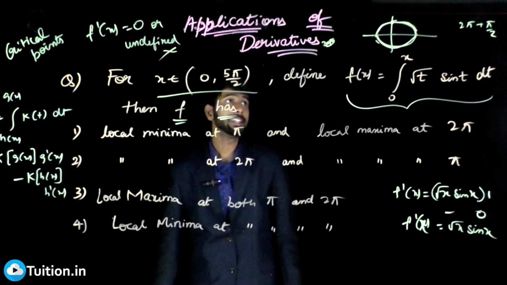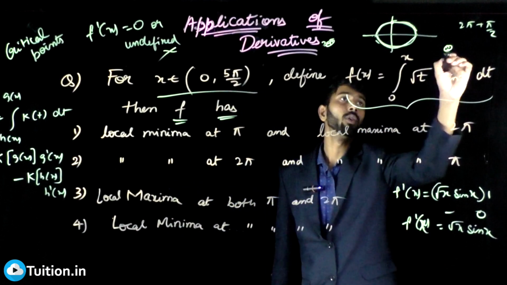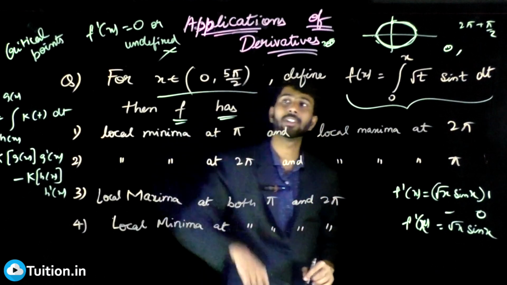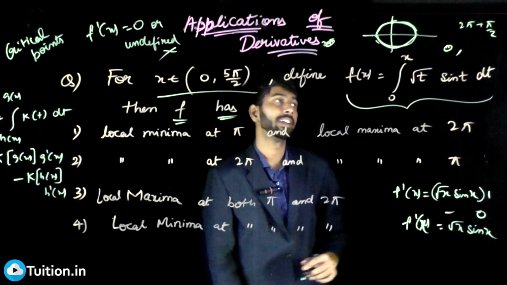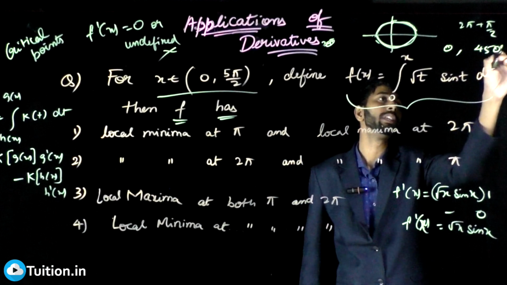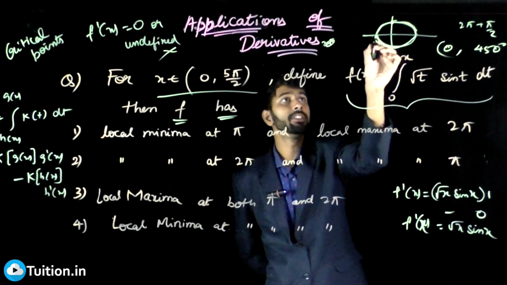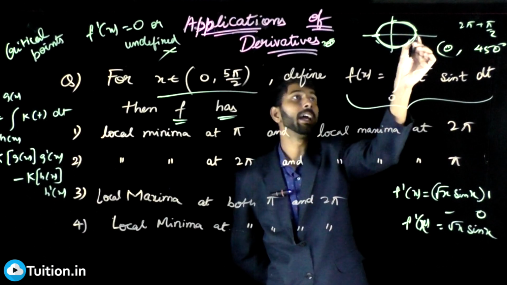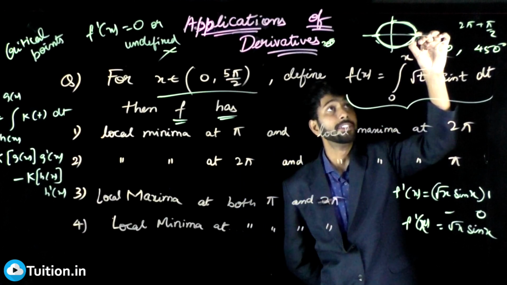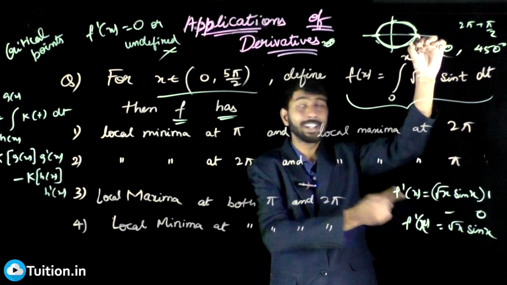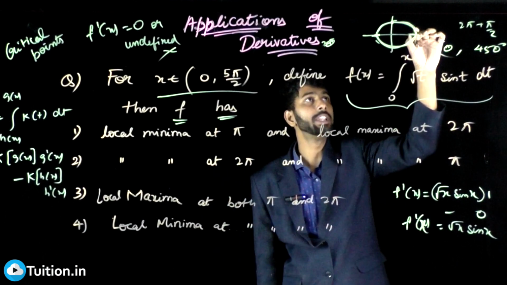So between 0 and 5 pi by 2, which is 90 into 5, which is 450 degrees, you can choose any value. It's clear that between these two values, sine will be 0 only at pi and 2 pi. When it starts from here, 0 could satisfy this, but 0 is not in the interval, so I'll leave that.